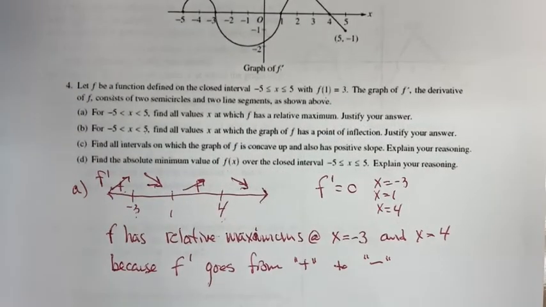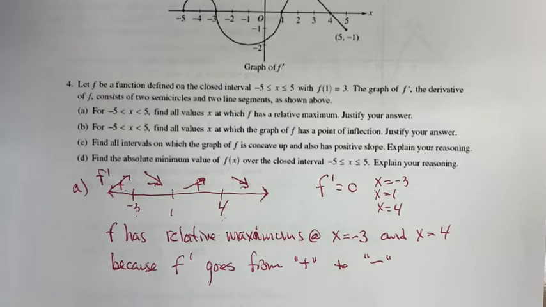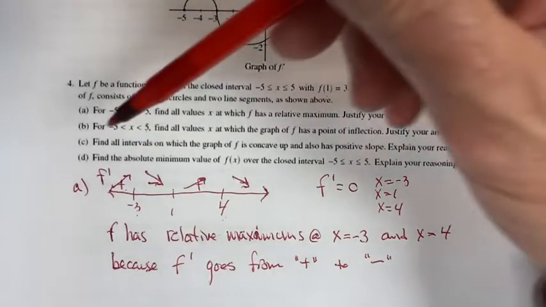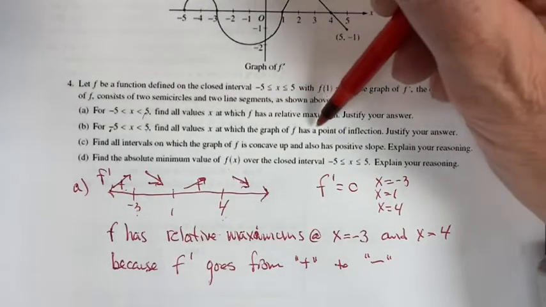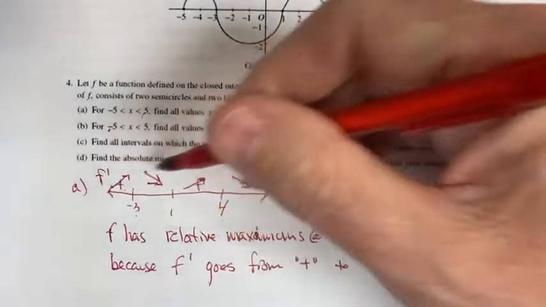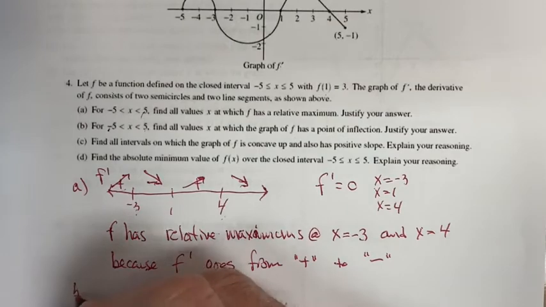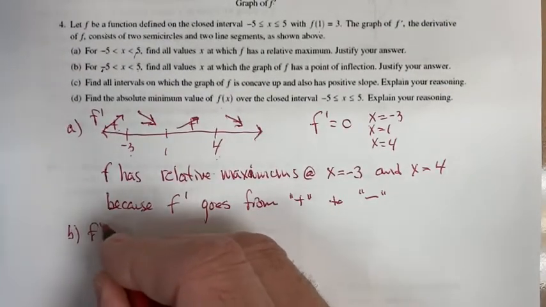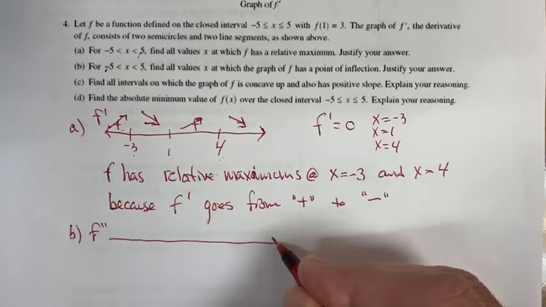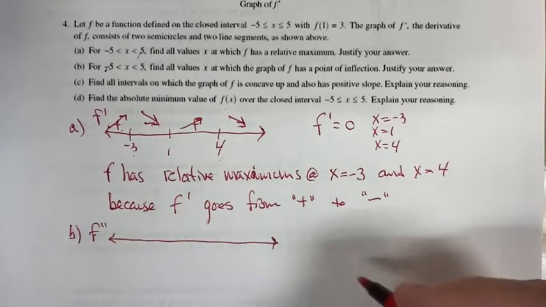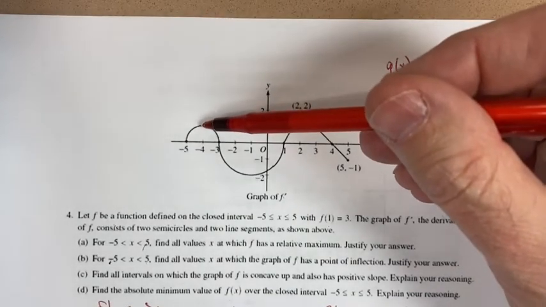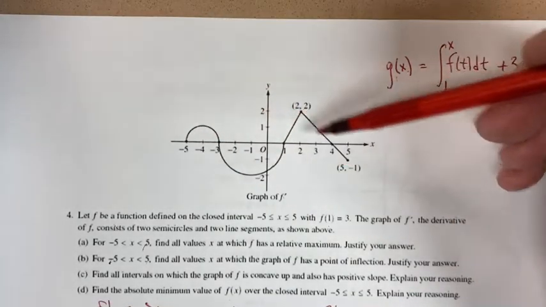Okay, now let's look at B. B asks, on the open interval from -5 to 5, find where f has a point of inflection. So we're going to look at the second derivative, f double prime. The zeros of f double prime are where f prime has a max and min.